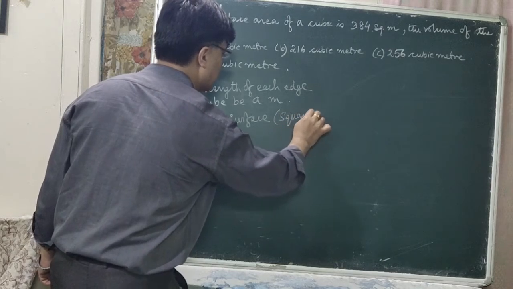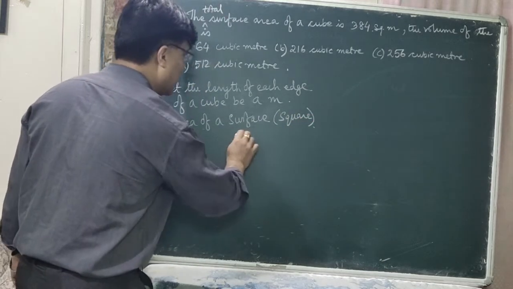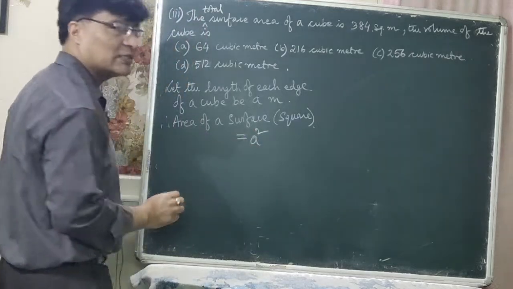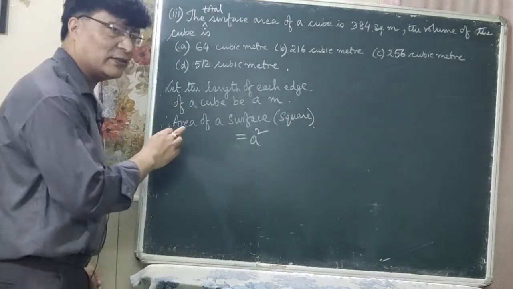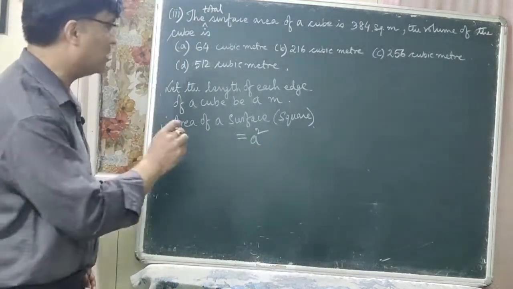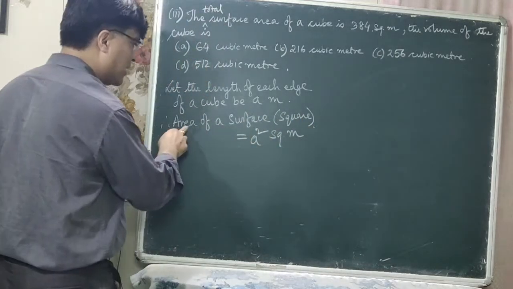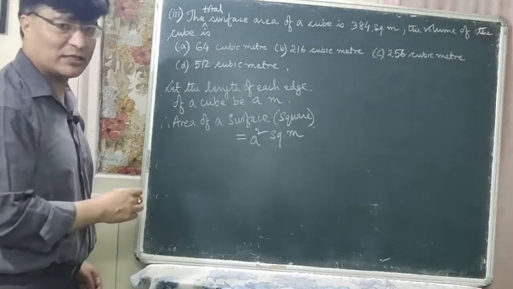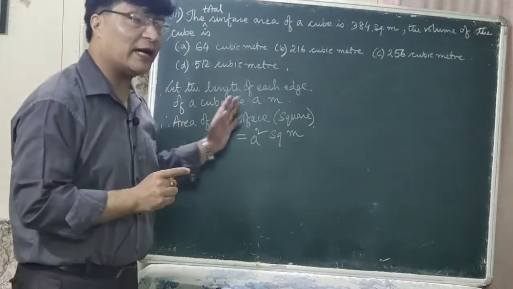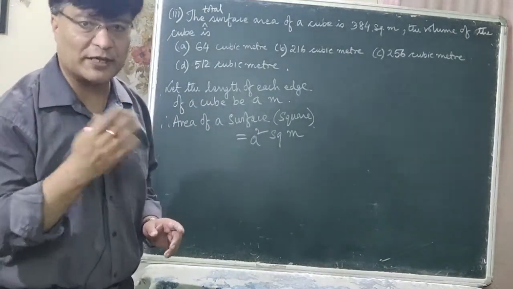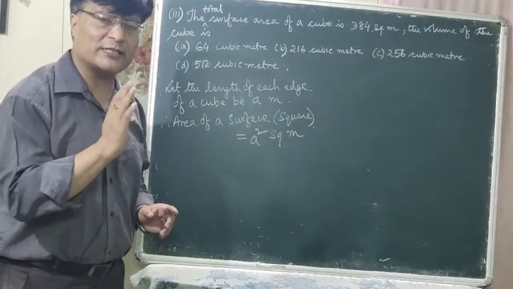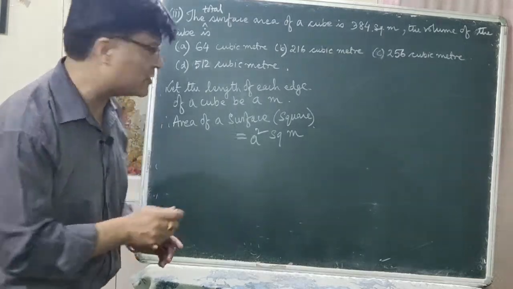त्यो सर्फेस के शेपमा हुन्छ? स्क्वायर शेपमा हुन्छ. What is the formula for area of a square? It is side whole square. That is length of each edge whole square. That is a square meter. Since this is area, unit is square meter. So this is the area of a surface of a cube. So how many surfaces are there in a cube? There are 6 surfaces.